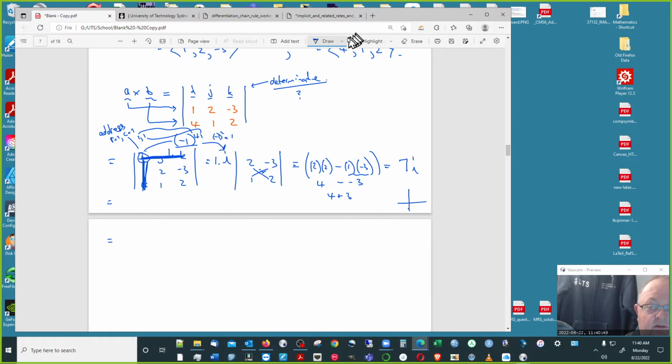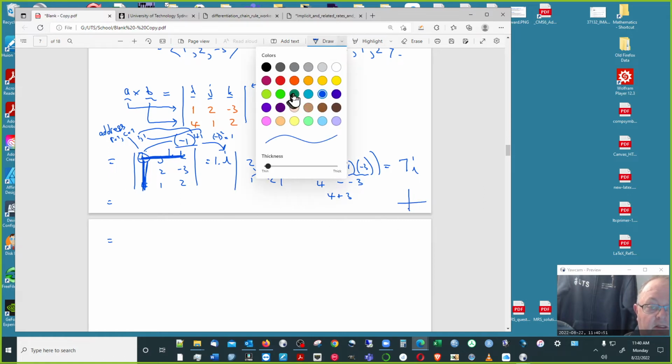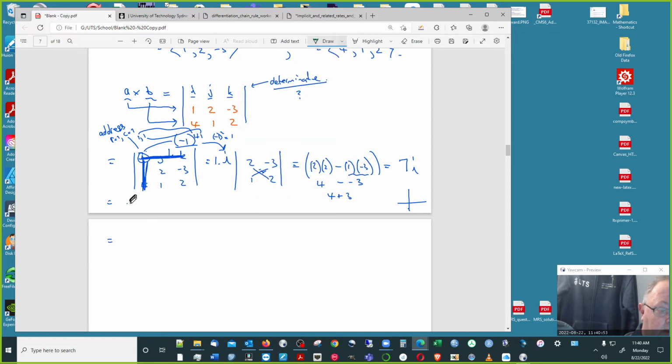to what comes next. Okay, the next thing is we've got i, j, k, 1, 2, minus 3, 4, 1, 2. And what we're going to do is take the middle, because the determinant means we're just going across the row.